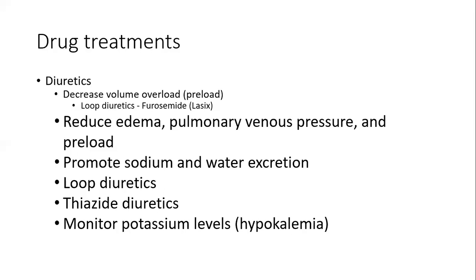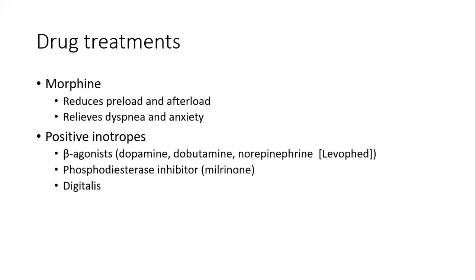Diuretics are important to decrease volume overload. They reduce edema, pulmonary venous pressure, and preload. They promote sodium and water excretion. There are loop diuretics, thiazide diuretics, and it's really important to monitor potassium levels, as you know, being on the lookout for hypokalemia.